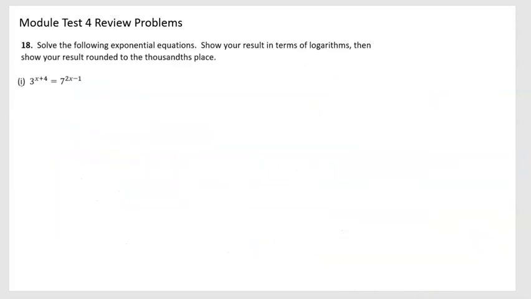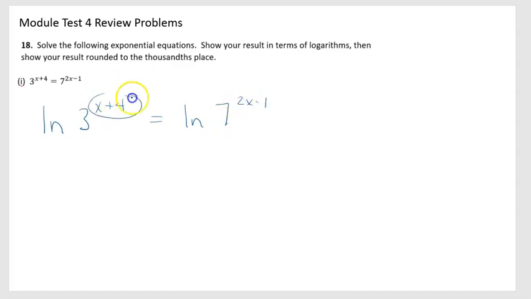Now for our last problem, number 18, solving exponentials, you've got two different exponentials, and they are each on their respective sides isolated already. So it's time to evaluate the natural log of each side. So the natural log of 3 to the x plus 4 is equal to the natural log of 7 to the 2x minus 1.